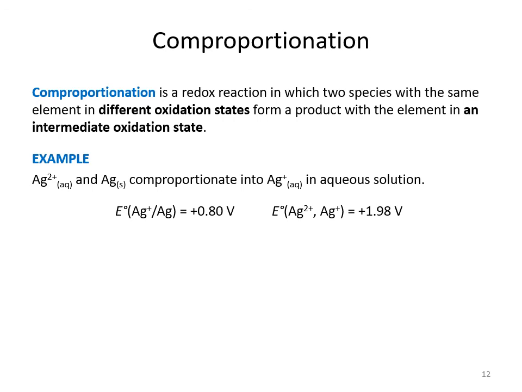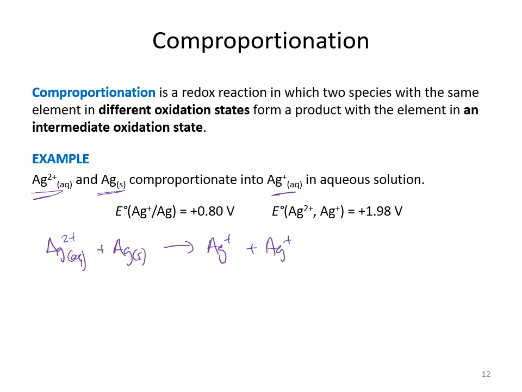We have an example for this, which is silver. Silver plus is a stable oxidation state, and we're going to prove that. If you have solid silver and Ag2+ in aqueous solution, they're going to comproportionate to give Ag+. So once again, we can write out our equation: Ag2+ aqueous plus Ag solid goes to Ag+ plus Ag+.